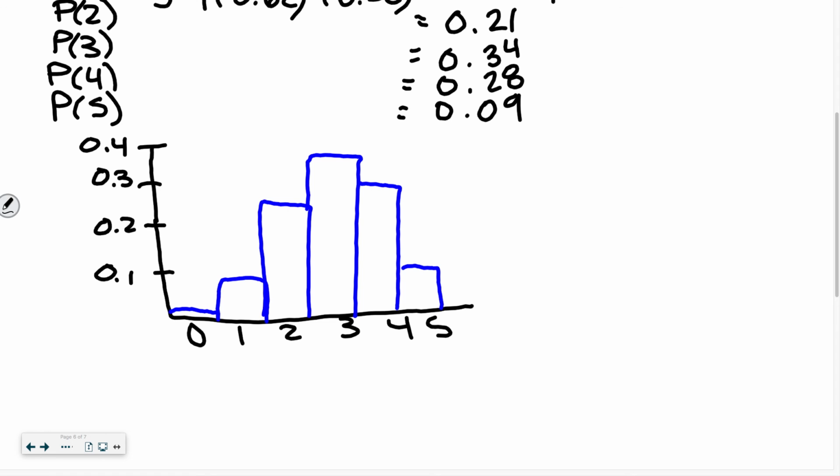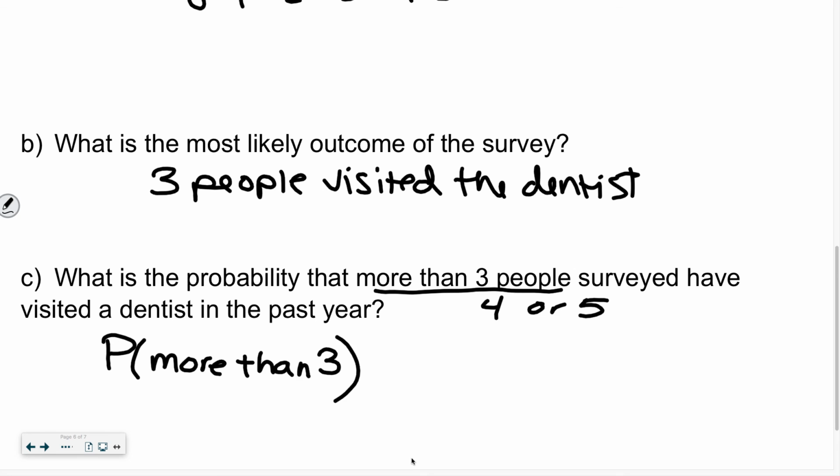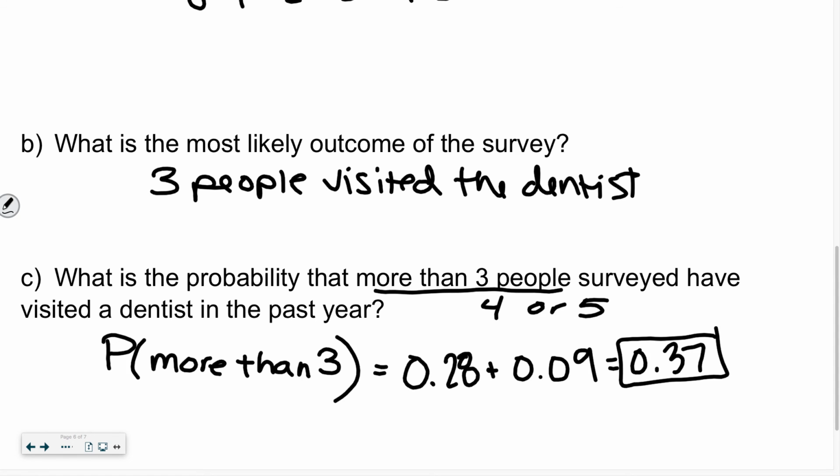Oh, okay. Add them, because it's 4 or 5, and "or" means add. So 0.28 plus 0.09. Is that 0.37? Yep. So you just have to figure out which of those bars are acceptable and then add up those probabilities at the end.